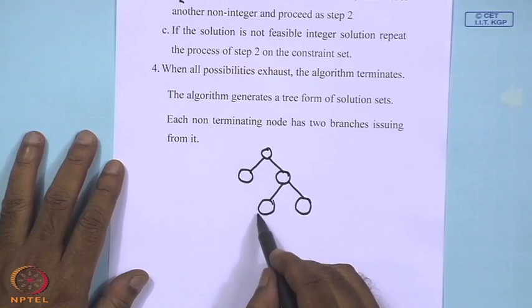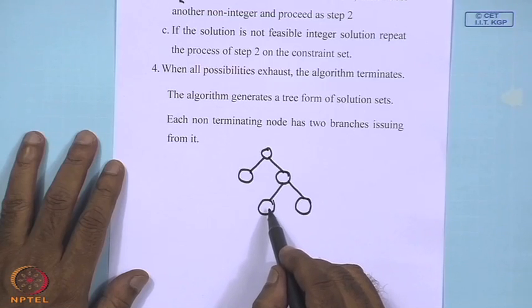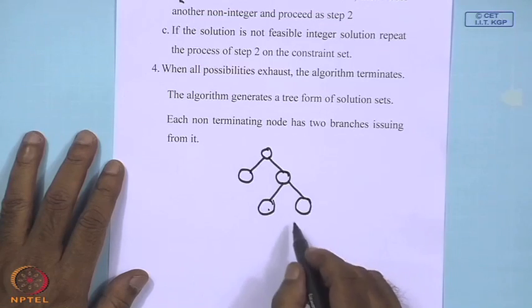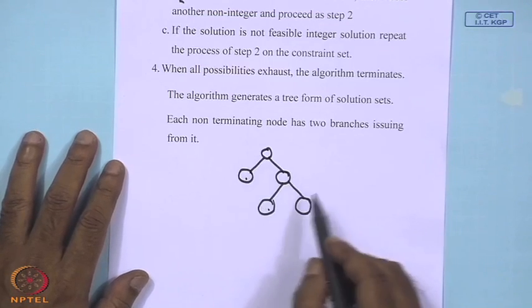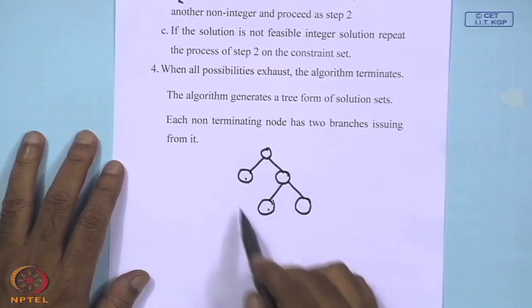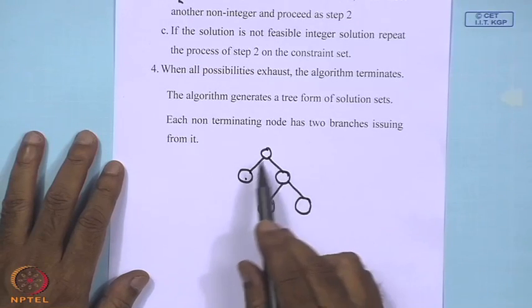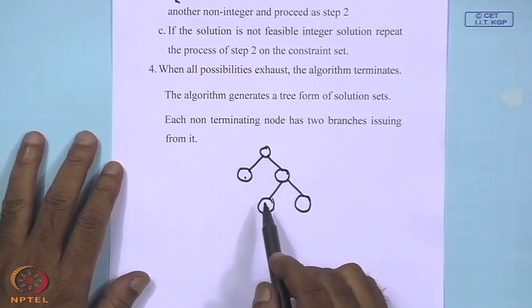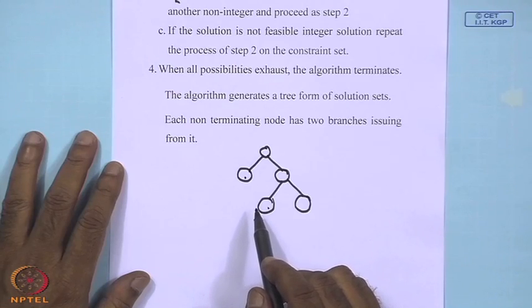If some problem has no feasible solution, you terminate there, just like I have terminated this one over here. So, this is the basic structure of the branch and bound algorithm. That means you use the bounds for the non-integer variables, break the problem into subproblems and go on repeating the process, and you can obtain the solution.